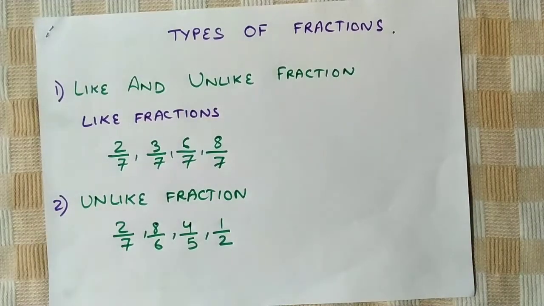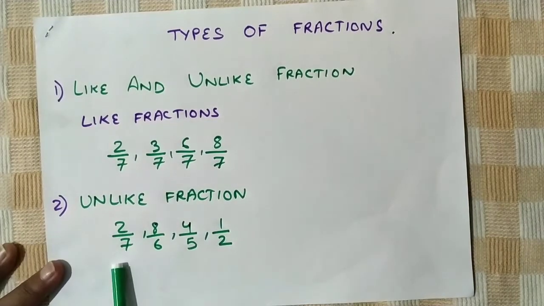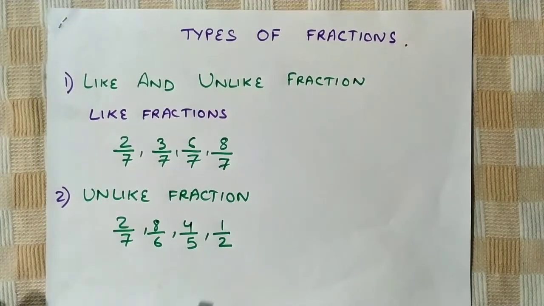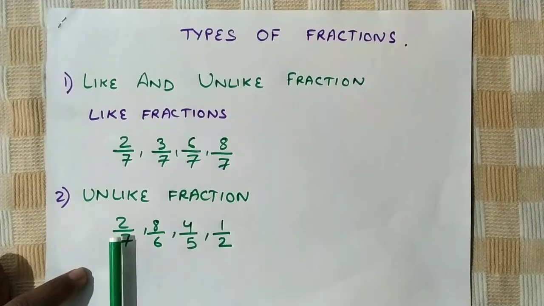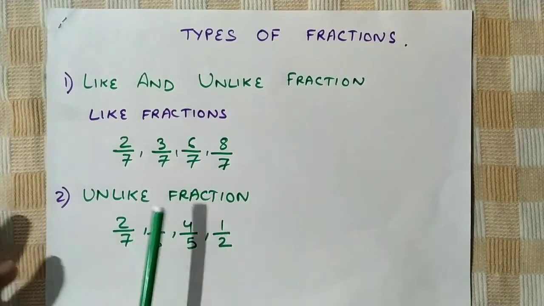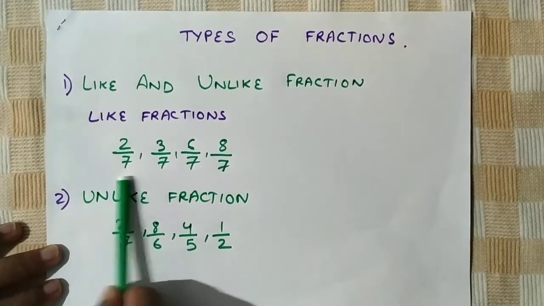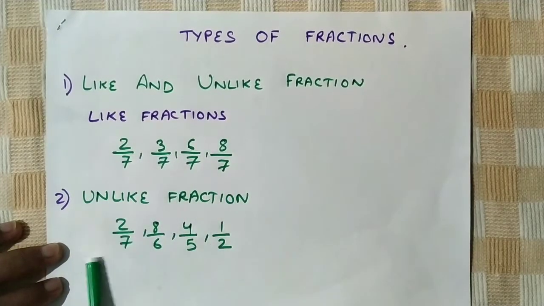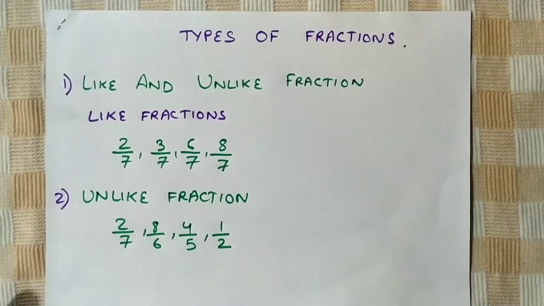Over here you can notice that the denominators are not equal. So this type of fraction is known as unlike fractions. Fractions which have the same denominator are like fractions, and unlike fractions are fractions where the denominators are not the same.